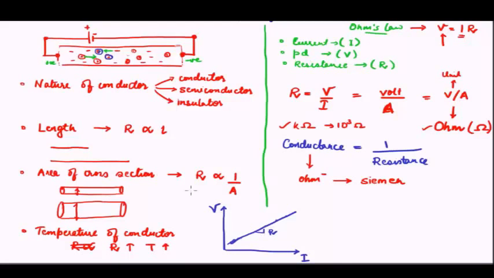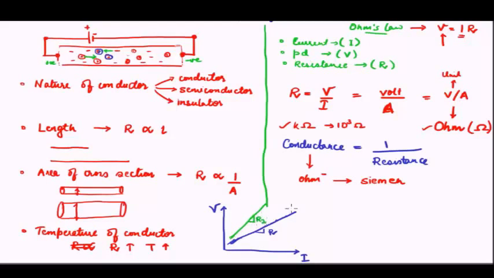Now suppose a scenario where we have a wire, and this is our V versus I plot. Then we increase the temperature, and then we plot the V versus I again. What we will see is now that the slope has increased. So this slope has now become R2, and this has increased.